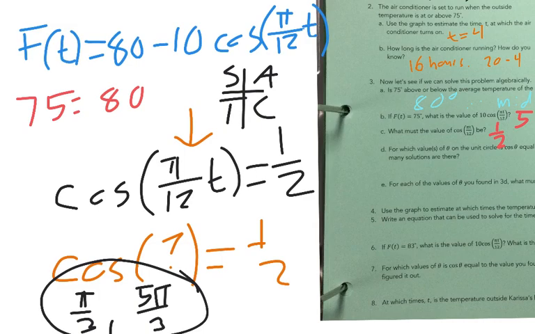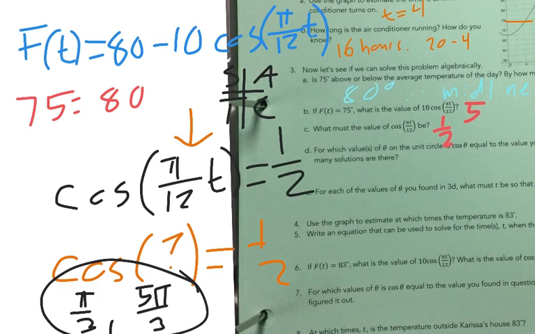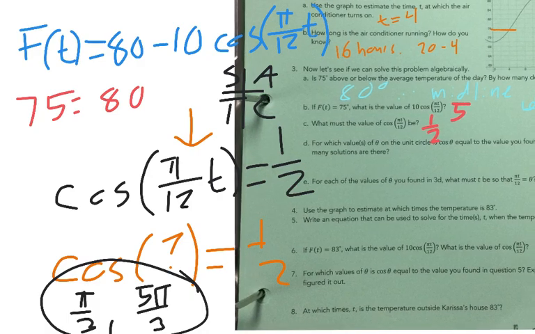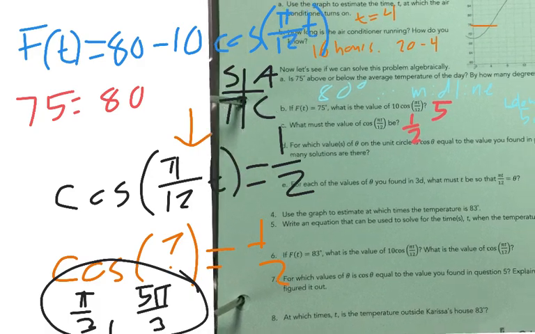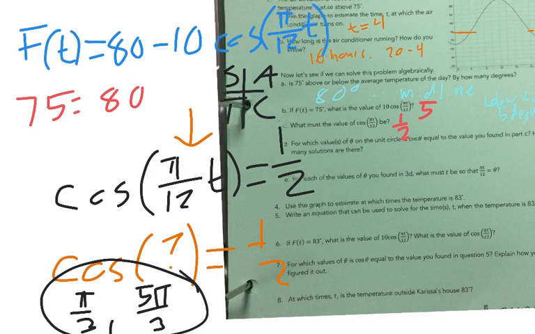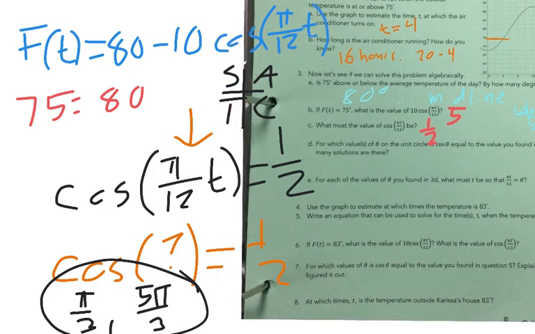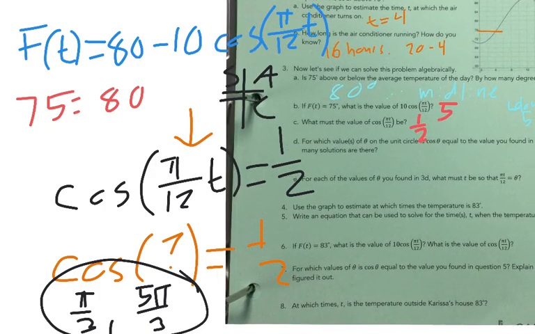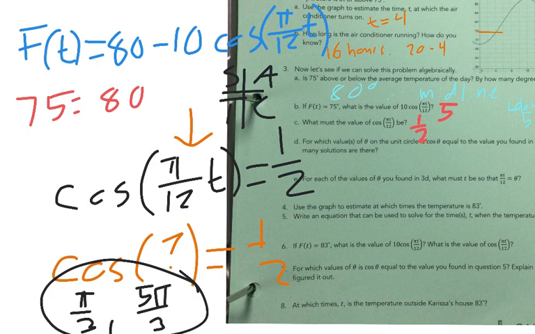So let's go back here to the question. For which values of theta on the unit circle is cosine of theta equal to the value you found in part C? How many solutions are there? There are an infinite amount of solutions, technically, but there are two different terminal sides.